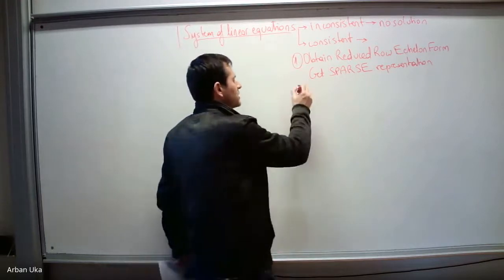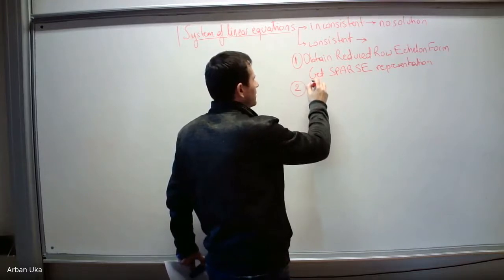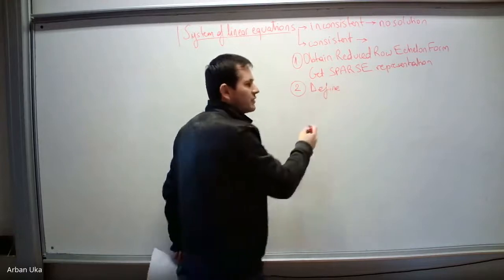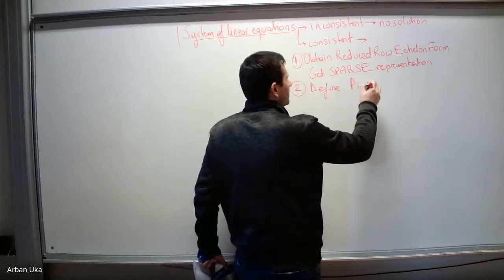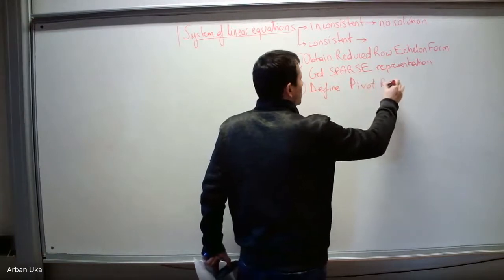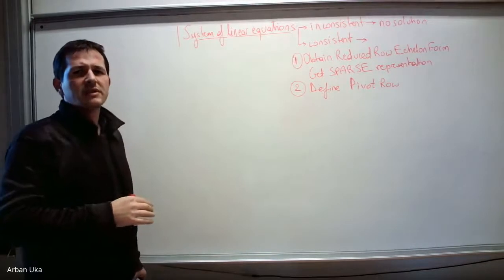So we want to do this, and in order to do this, we first define, or we find, the pivot row. Pivot row is one of the rows of the matrix. We consider it as a reference row.